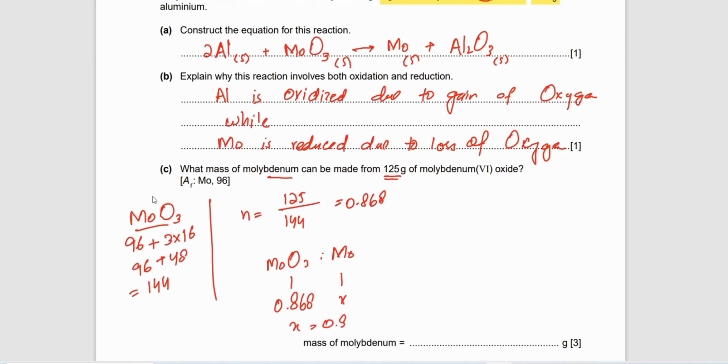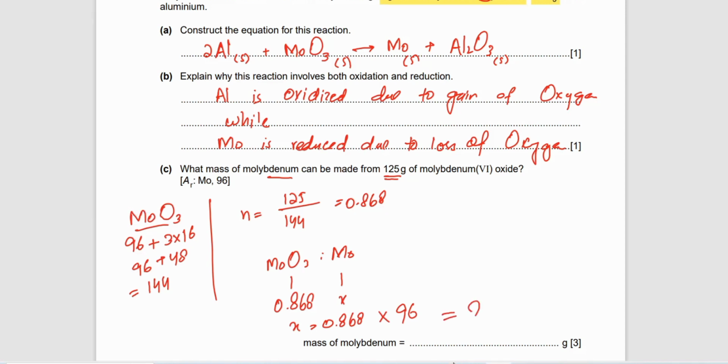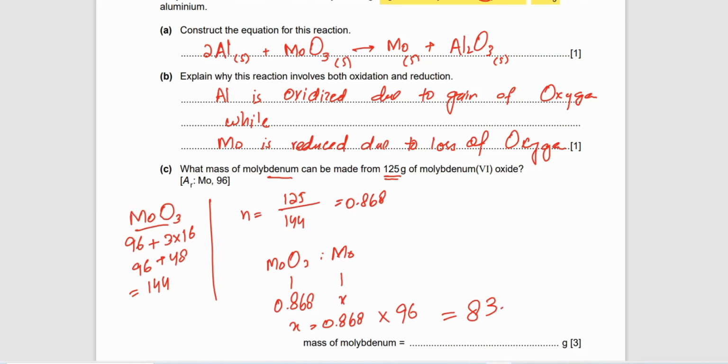Okay, 0.868 multiplied by the mass of molybdenum, 96, gives 83.33 gram.